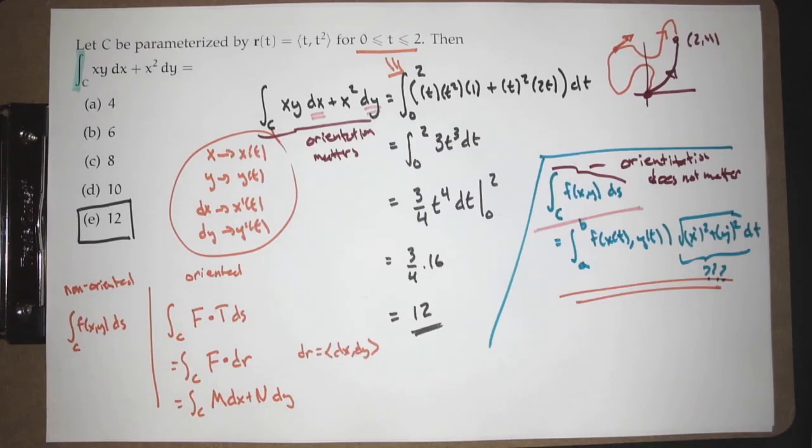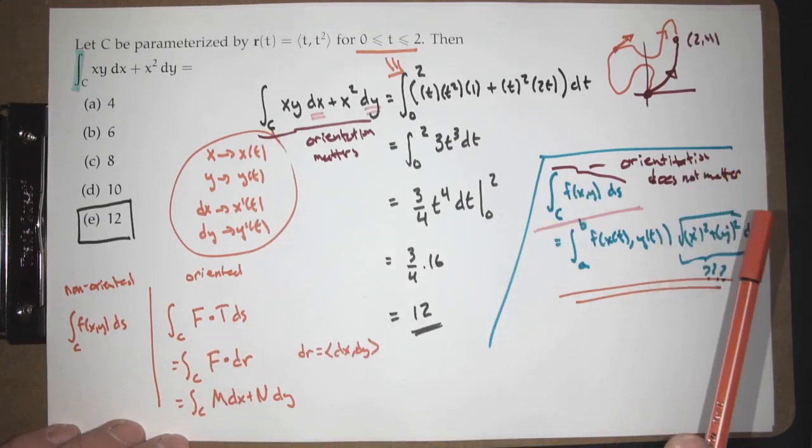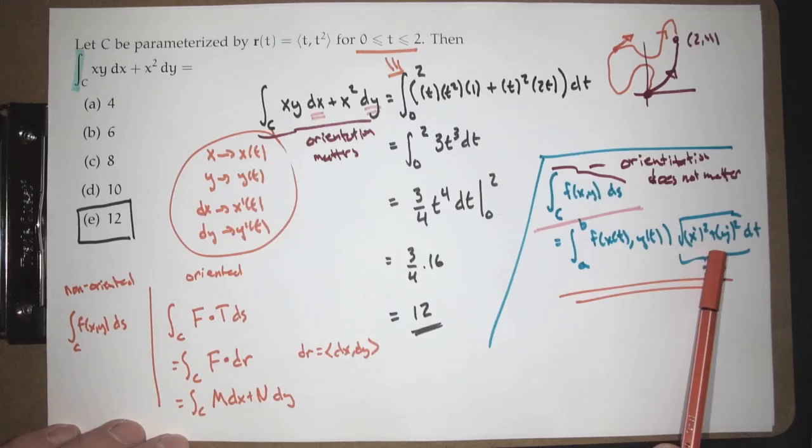So first off, just a tangent vector is x prime, y prime. When you normalize it, you divide by the square root of x prime squared plus y prime squared. So there's a square root of x prime squared plus y prime squared in the denominator. There's a square root of x prime squared plus y prime squared in the numerator. They cancel out. So they go away.